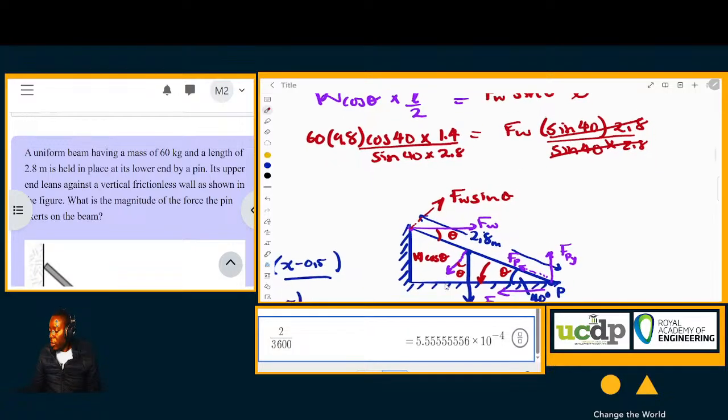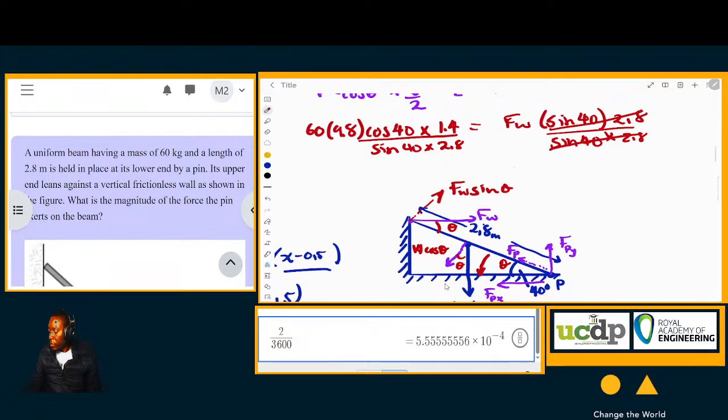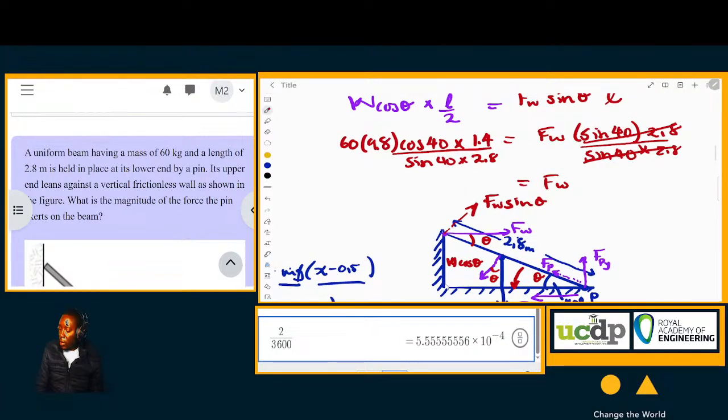We have Fw being equal to 30 times 9.8 divided by tan 40. So this is 30 times 9.8 over tan 40.